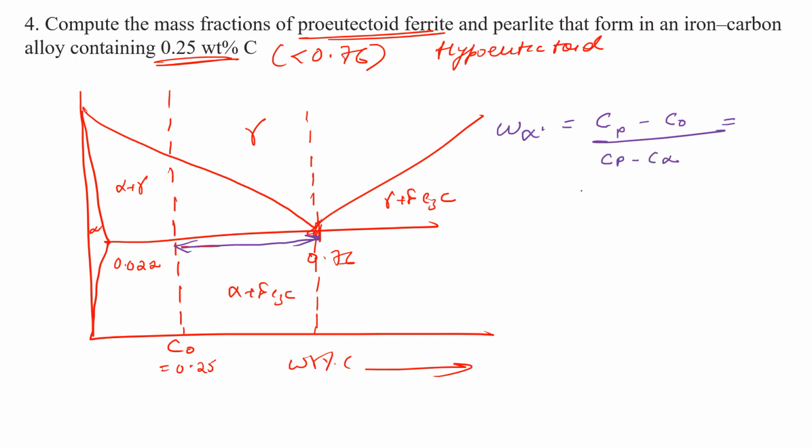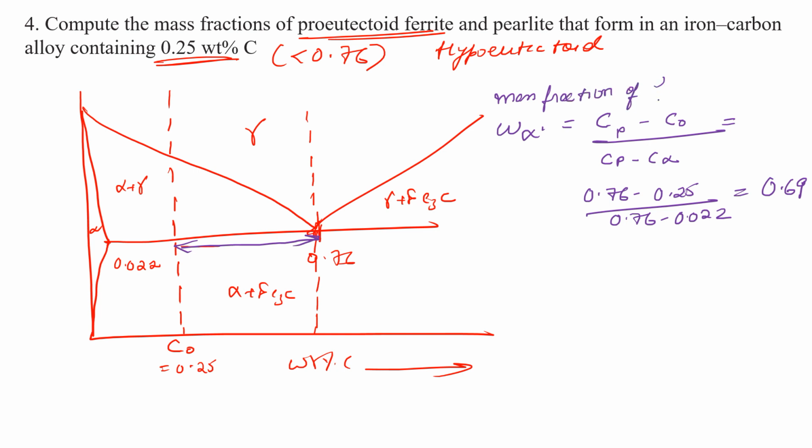Cp is 0.76, C naught is 0.25, divided by 0.76 minus 0.022. This should give me about 0.69 mass fraction, or 69%. 69% is my proeutectoid ferrite, so this is the mass fraction of proeutectoid ferrite.